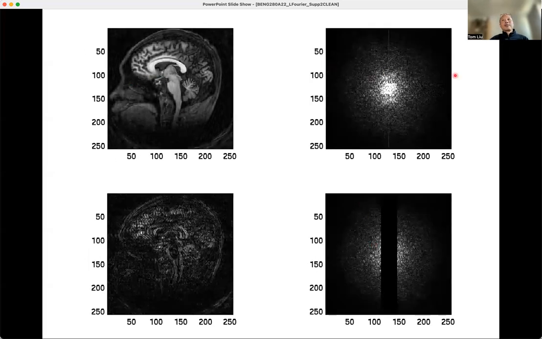This is the same thing here, the full data. Now I'm playing another game where I only keep information out here and I've zeroed out all this information. So I've gotten rid of a lot of the low frequency information, and the information I have is mostly along the kx direction.